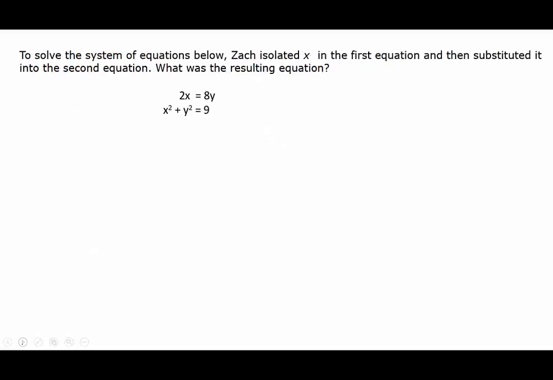Next, solve the system of equations. Zach isolated x in the first equation and then substituted it into the second equation. What was his resulting equation? Okay, to solve this system of equations, Zach isolated x in the first equation and then substituted it into the second equation. So we're isolating x. Divide by 2, x equals 4y.